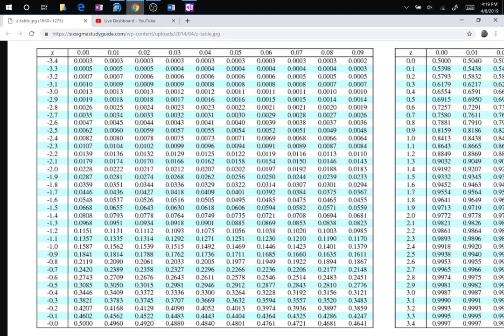The z-score, let's say, is negative 1.92. Okay, we cut off the 2, and we look for the row with negative 1.9. Well, that's here, right in the middle of the chart. And then we look up to find the decimal 2, because that's the last digit.